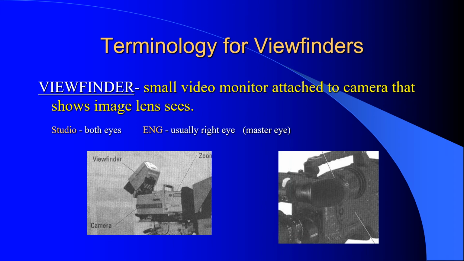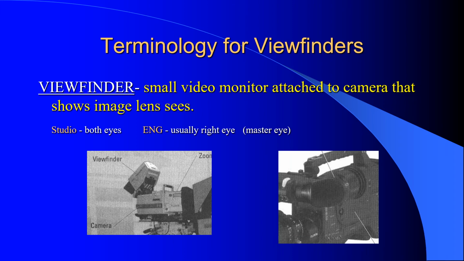So your thumb is on that particular object. Now close your left eye and then close your right eye, and whichever eye your thumb did not move, stayed on that object, that's your master eye.